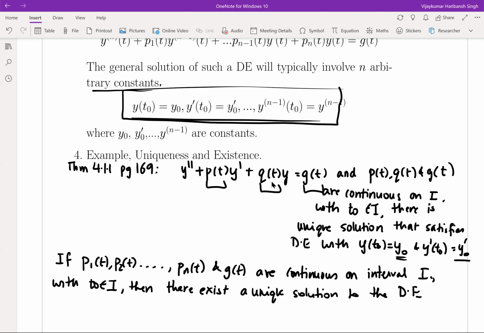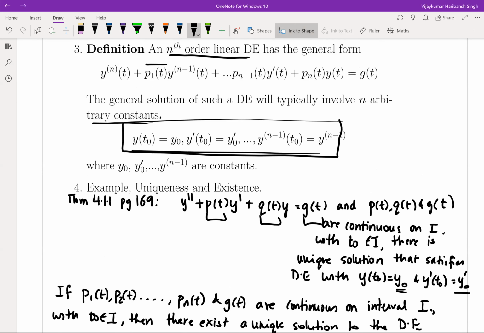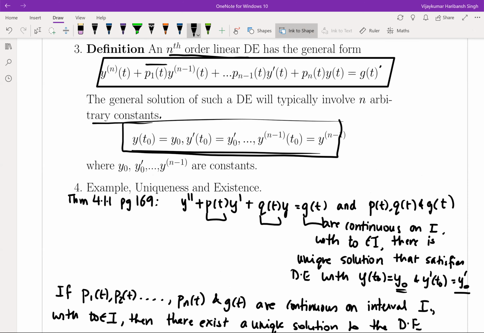Which differential equation are we talking about? We are talking about this differential equation here.